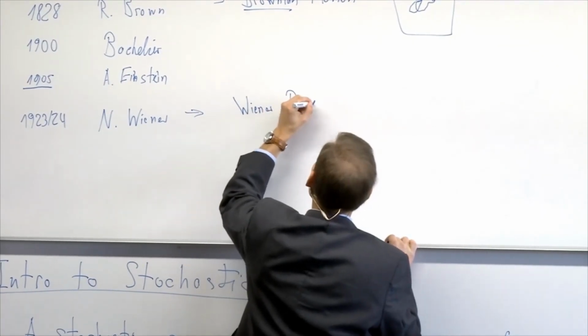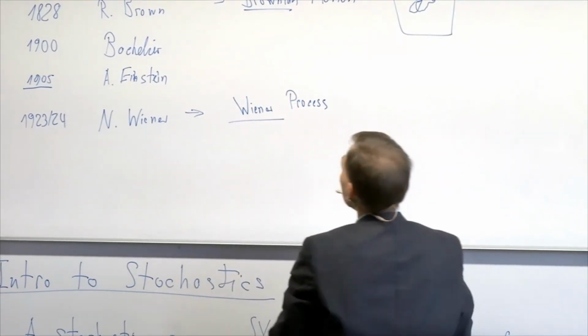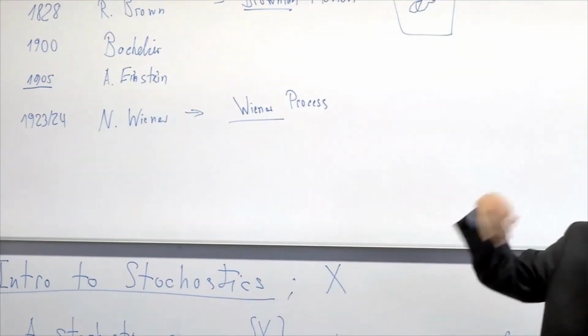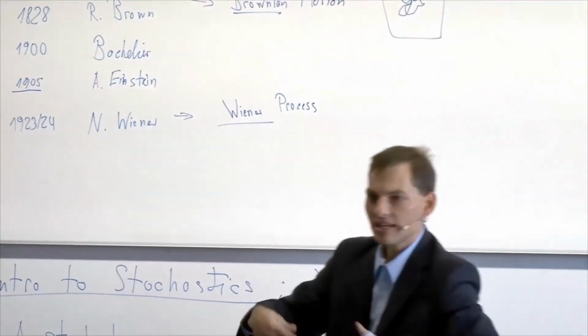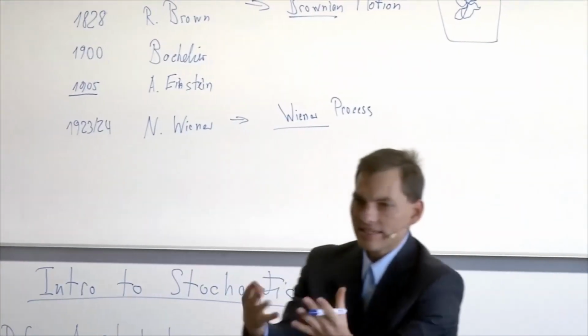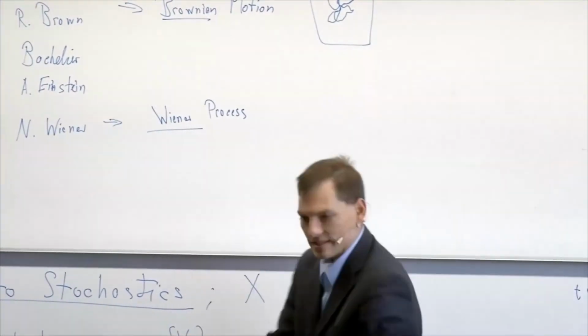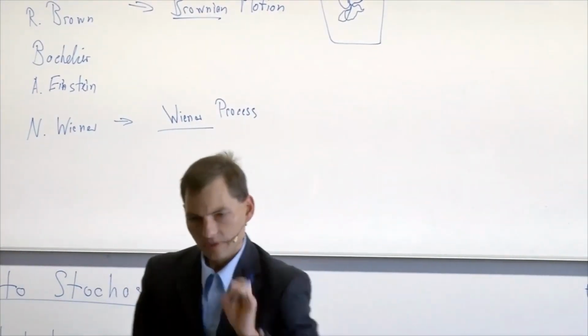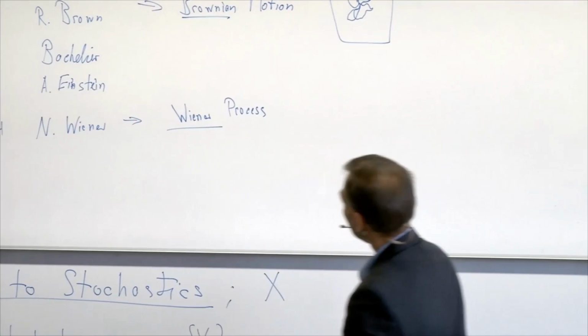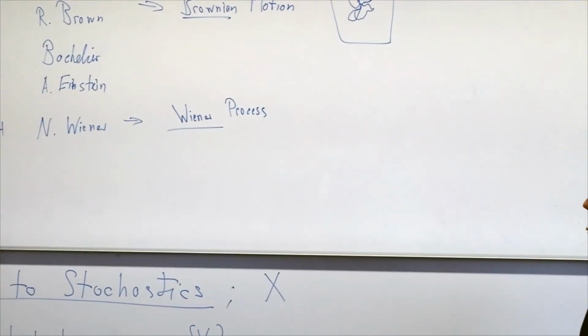That's, you can say, a kind of synonym. They are both stochastic processes. One is referring to Brown, the guy who initially discovered this phenomenon, and Wiener was the guy who really set up the rules of a Brownian motion.